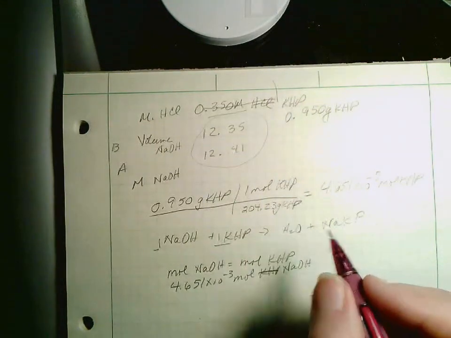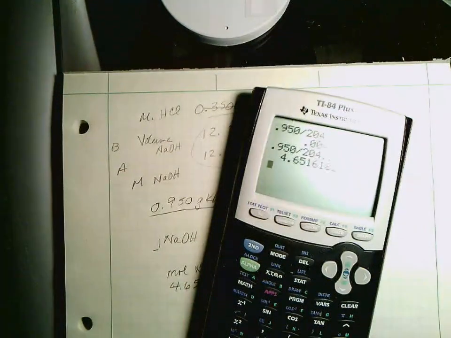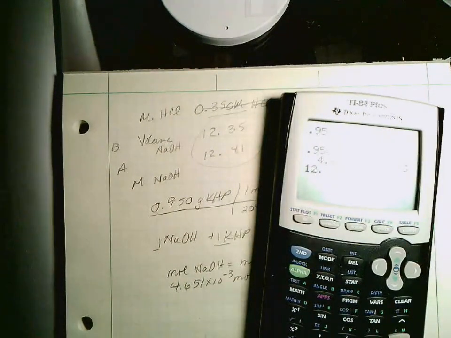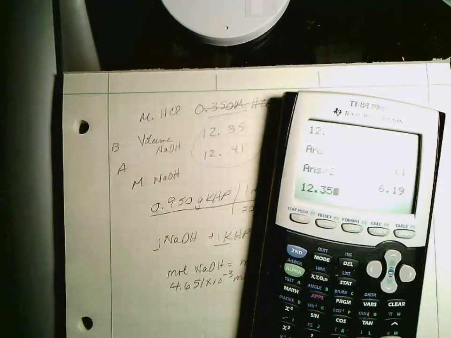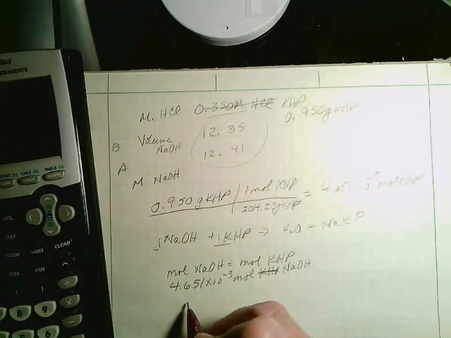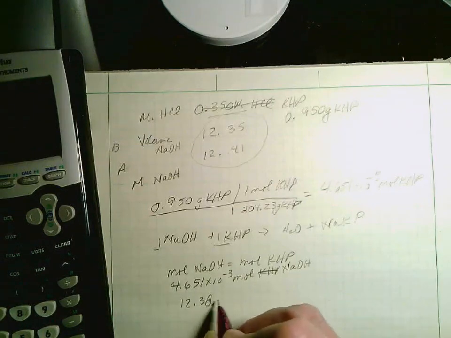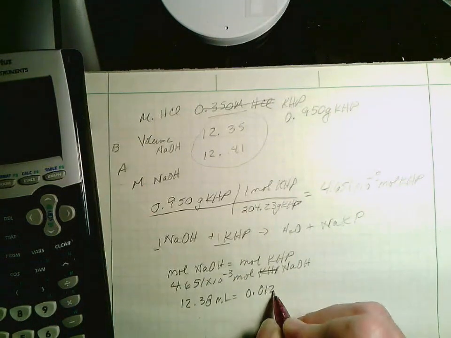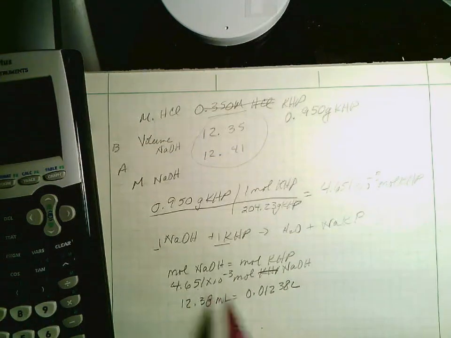So I'm going to add them together and divide by 2. 12.35 plus 12.41 equals, divided by 2 equals, 12.38 milliliters, which is equal to 0.01238 liters.